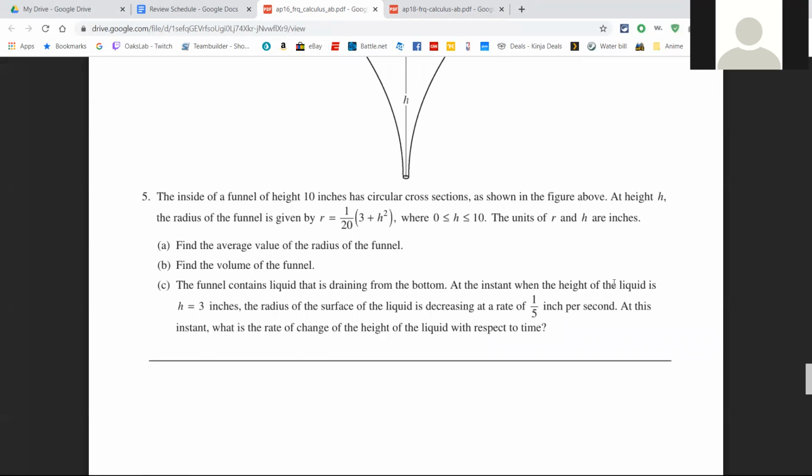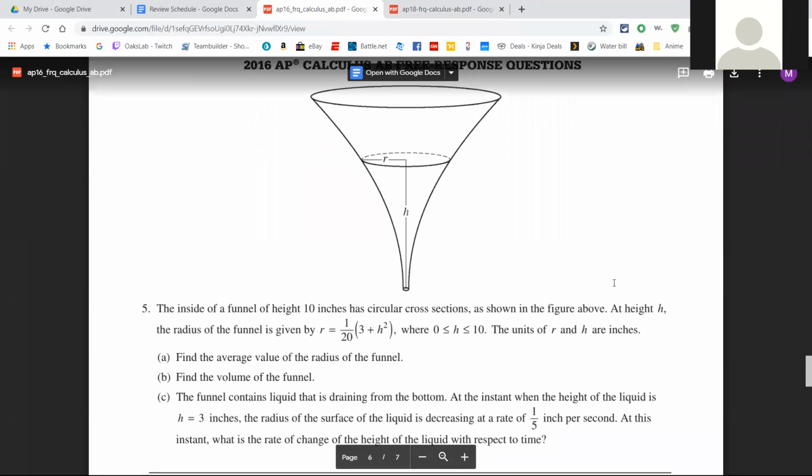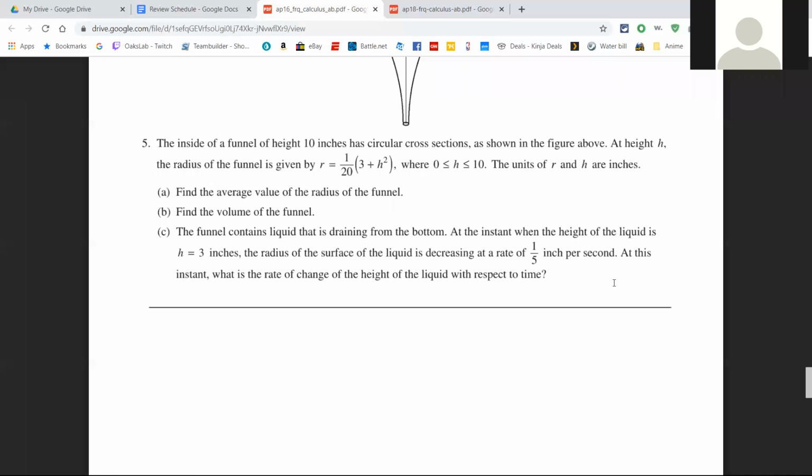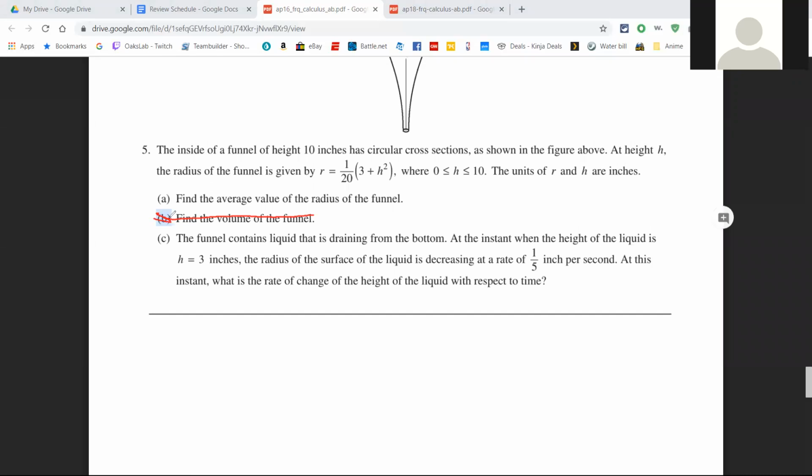And so it's kind of like a cone almost. And they gave you find the average value. So I said skip part B because this is not tested this year. This is on unit 8. This was unit 8, so that is not there. So what you can answer is part A and part C.